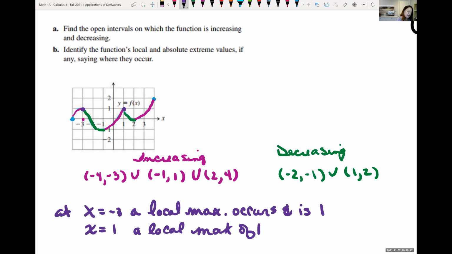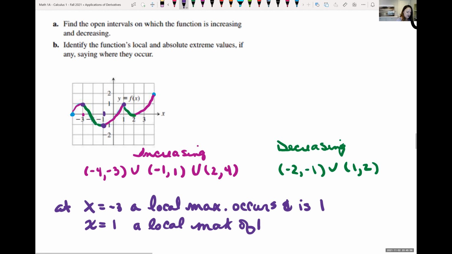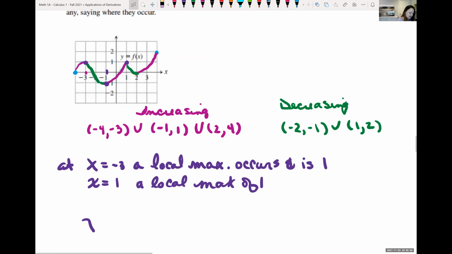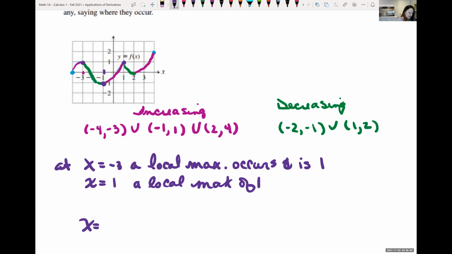If I'm looking at x equals -1, that is a minimum value, and notice that's the smallest value on the graph. So at x equals -1, we have an absolute min of -1.